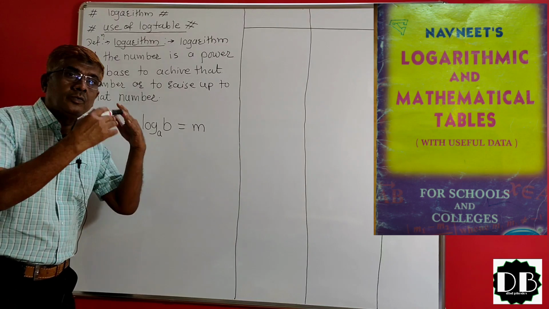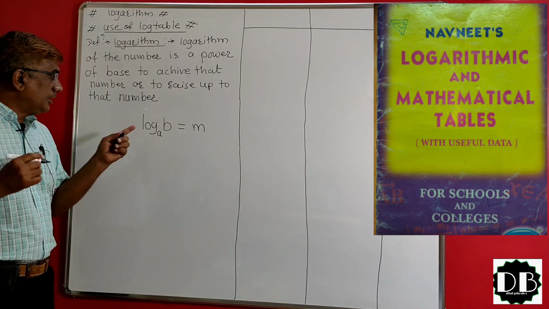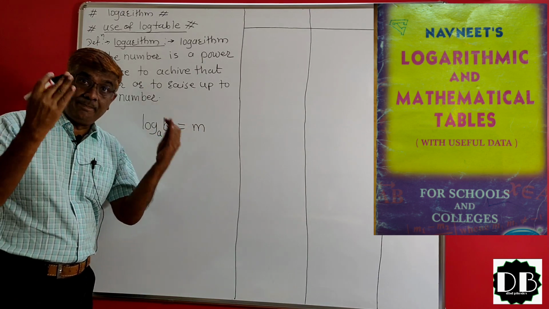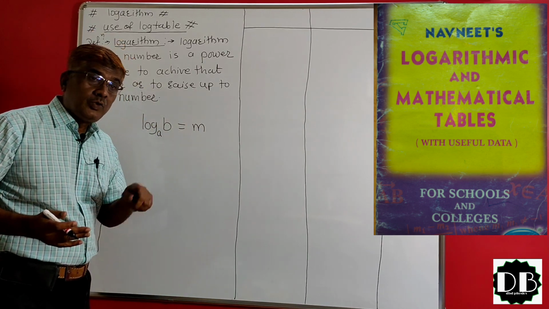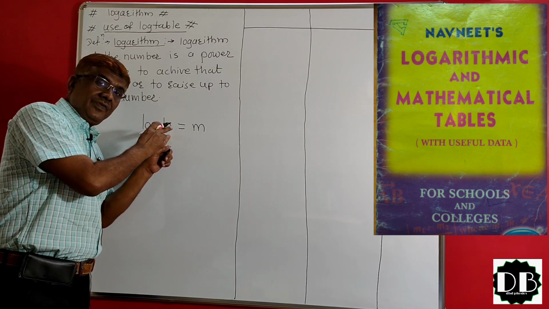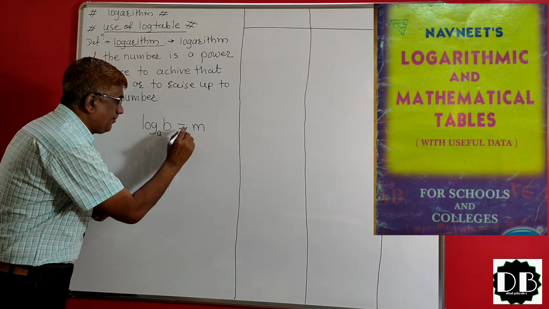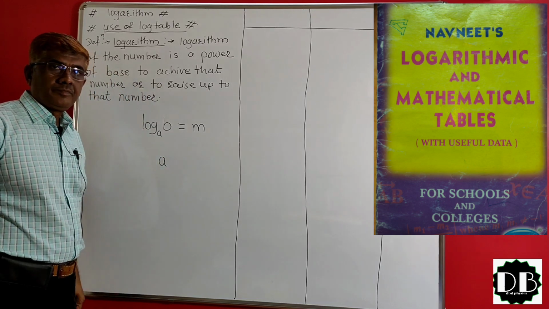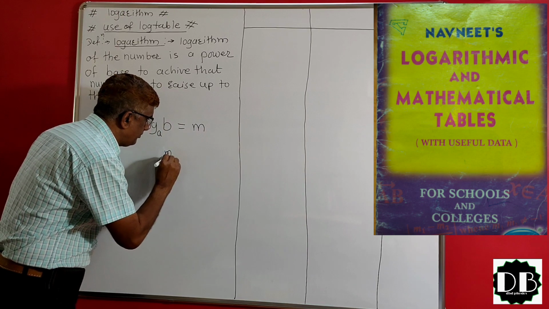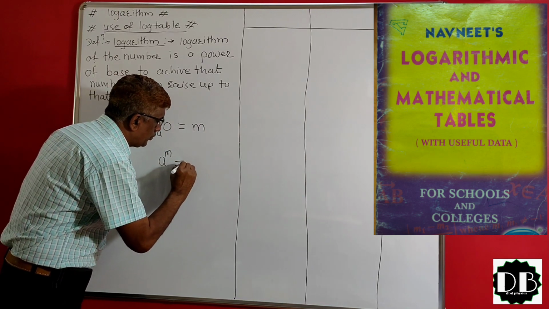That means we can understand what a logarithm is. Logarithm is a power of base to achieve the number whose log we are going to find out. Suppose that number a, and if its power is m, it is equal to b.